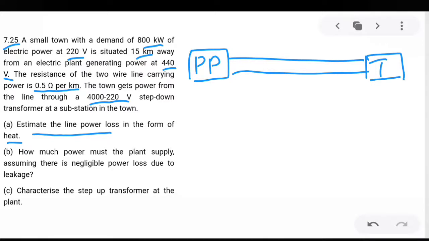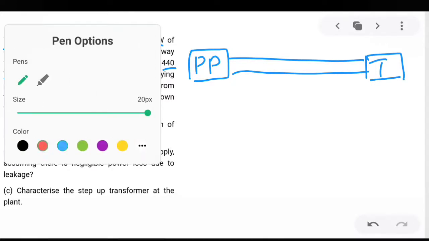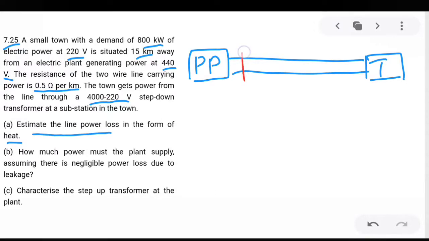Now we have two transformers here. One transformer is at the power plant, one transformer is for the town. Now this transformer is a step up transformer, and this transformer is a step down transformer, because this transformer increases the voltage and then sends the voltage in the power line, in the transmission line.